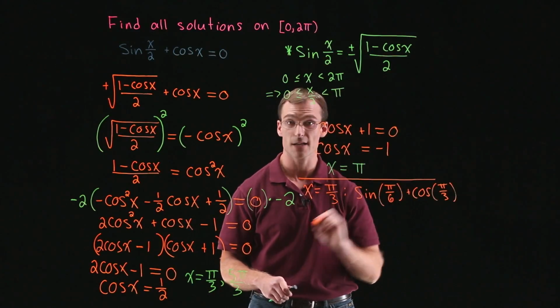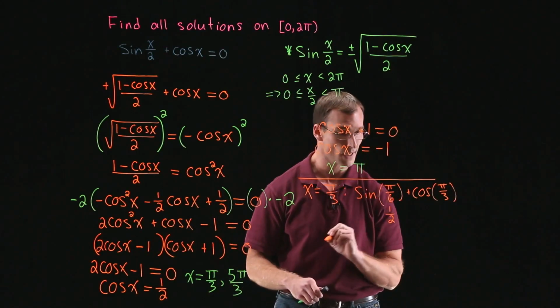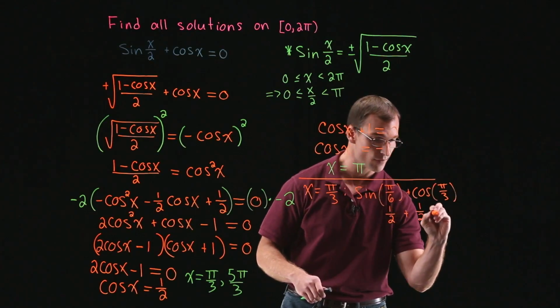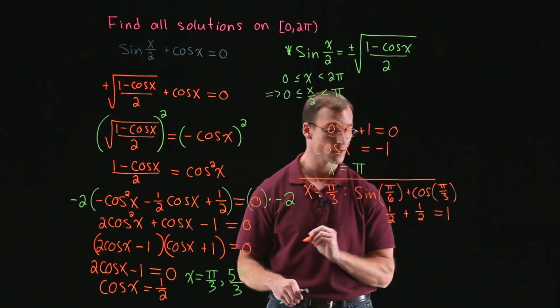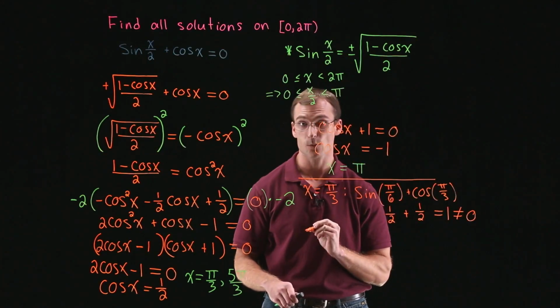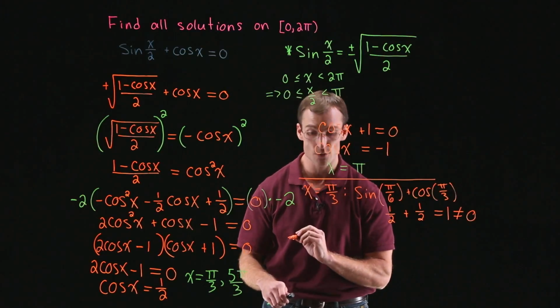And we want to see if that gives us 0. Well, sine of pi over 6 is 1/2, plus cosine of pi over 3 is 1/2, and that's equal to 1, which is not equal to 0, which is what we want. So we can see x equal to pi over 3 is an extraneous solution.